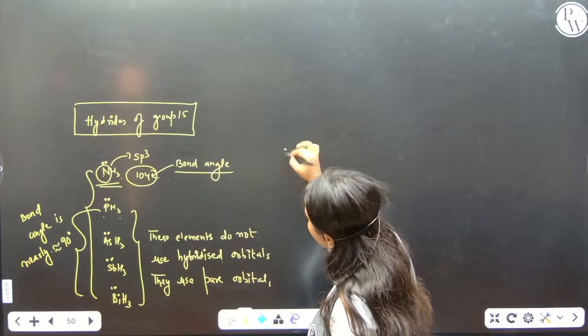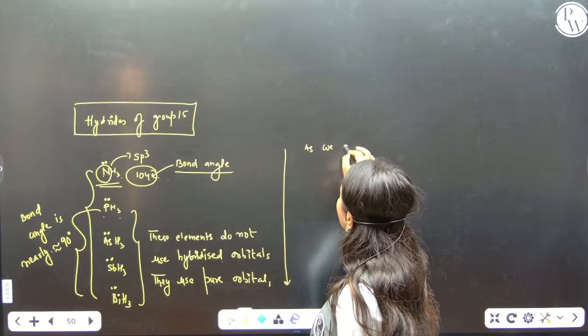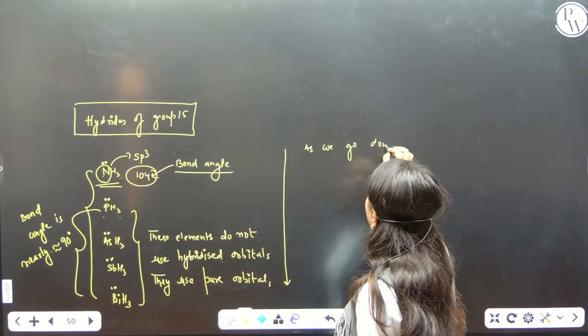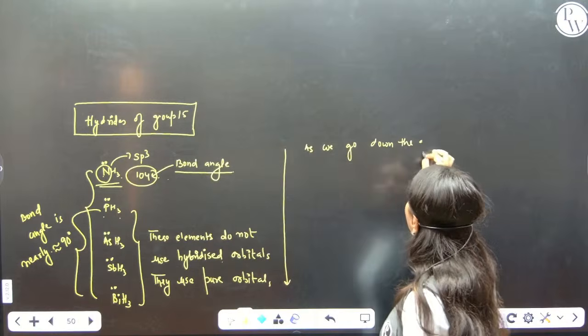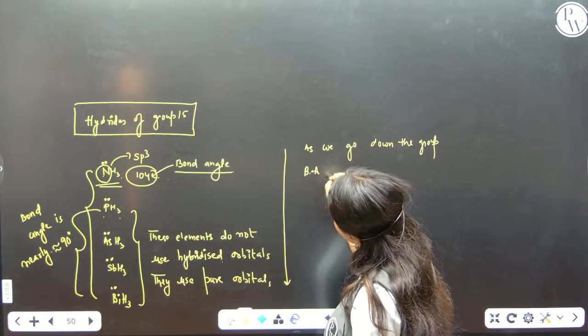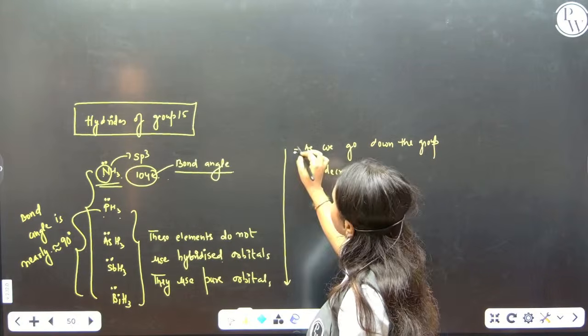So as we go down the group, bond angle decreases, right?